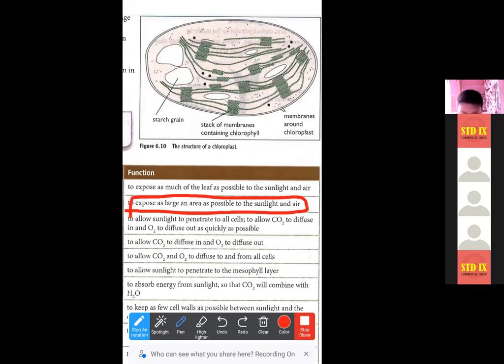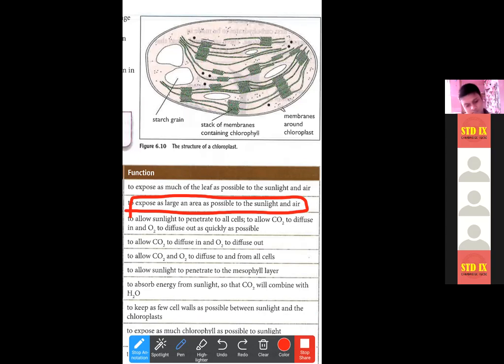To expose as large an area as possible to the sunlight and air. Done. Complete? Yes, ma'am.